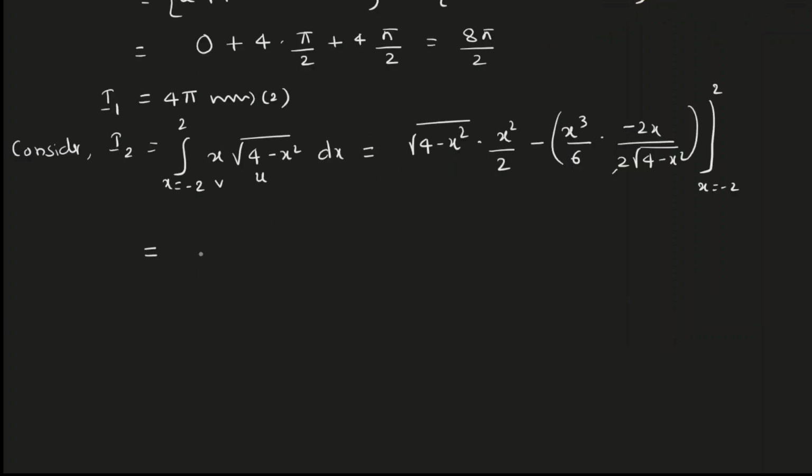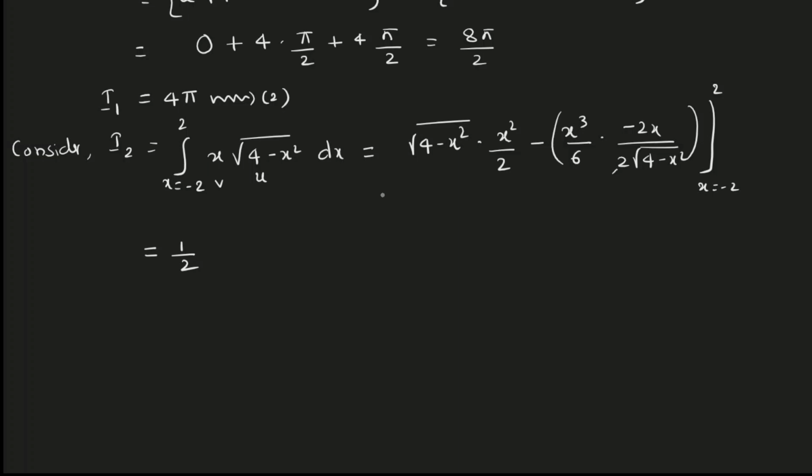When you apply the limits, what happens? 1 by 2 is a constant for the first term: root 4 minus x square, root 4 minus 4 into x square by 2, 4 by 2, minus the lower limit for this. Root 4 minus minus 2 whole square is root 4 minus 4, into again 4 by 2. Yes, this is for the first.